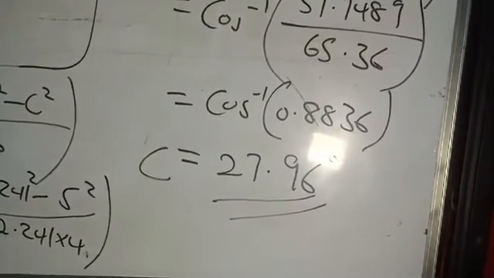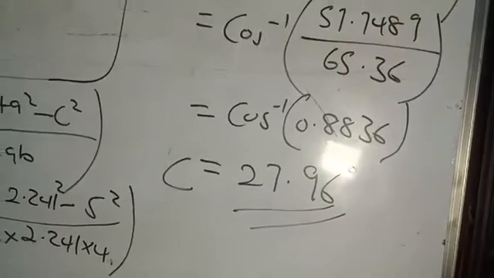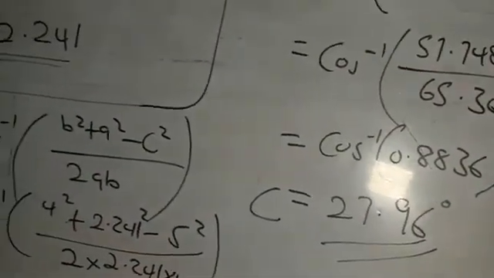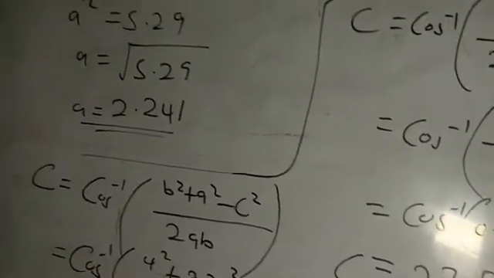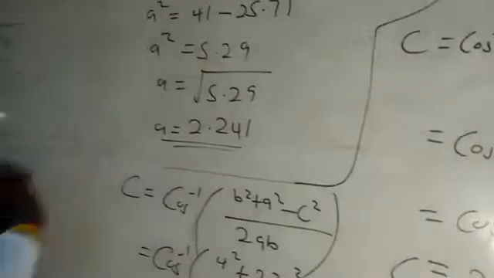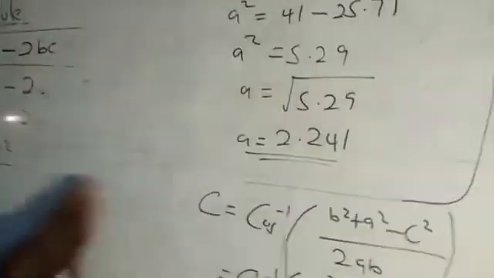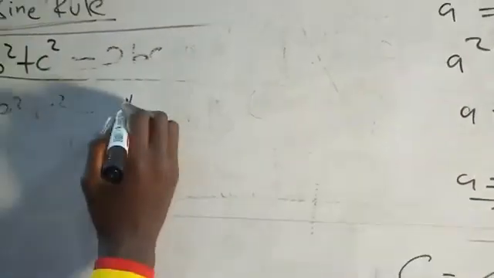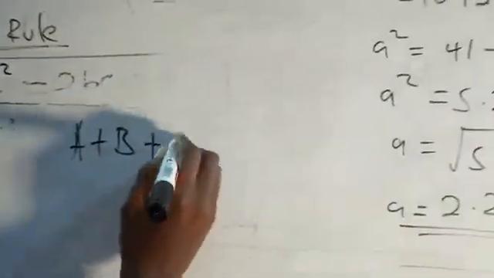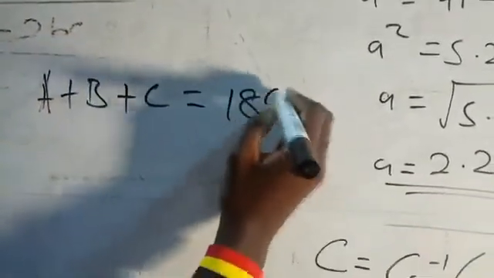They have told us to find angle B. We are not going to waste a lot of time there. We shall use the knowledge that the sum of all interior angles of a triangle adds up to 180, which will be A plus B plus C equals 180 degrees.